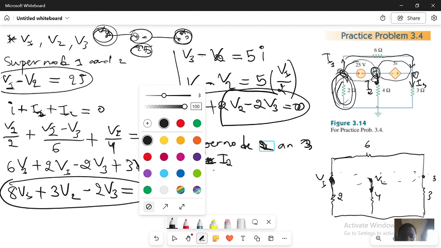So I will have I2 plus I3, plus I3 here, plus I3 here. This current is going to be equal to this I3.